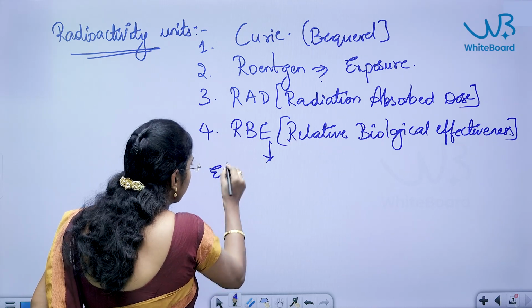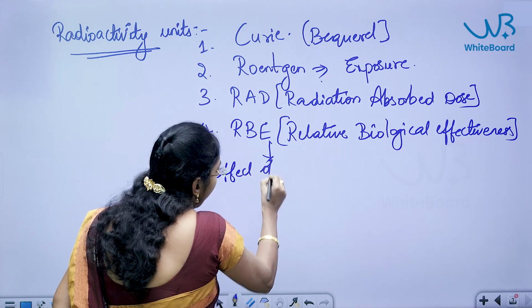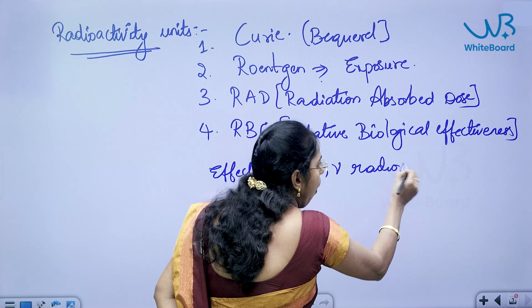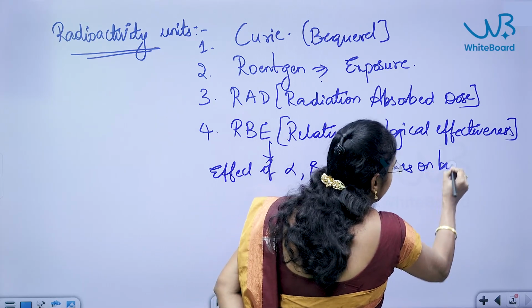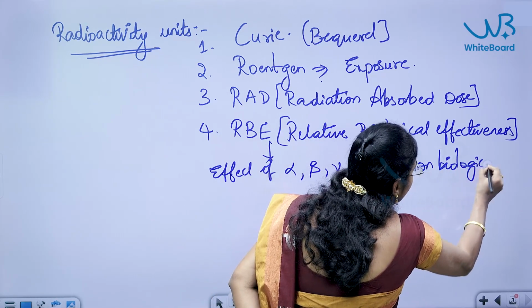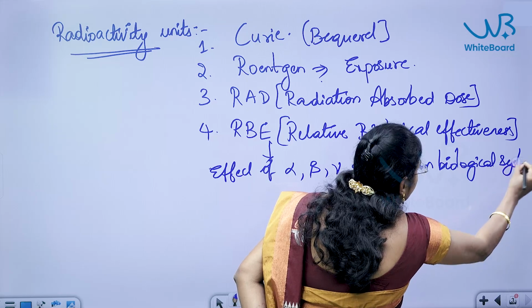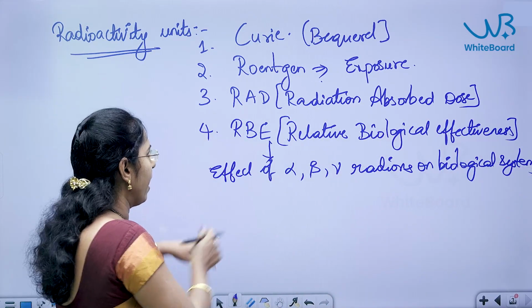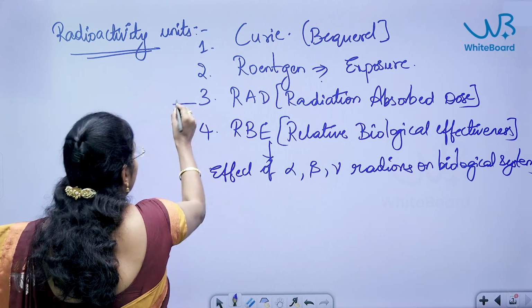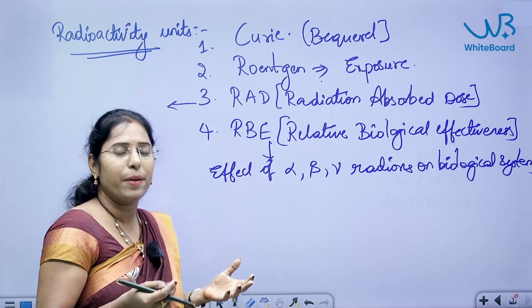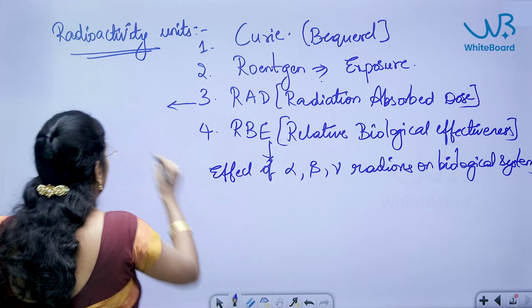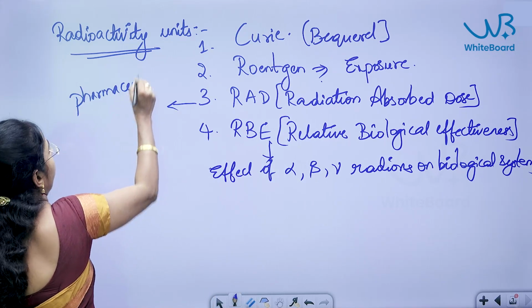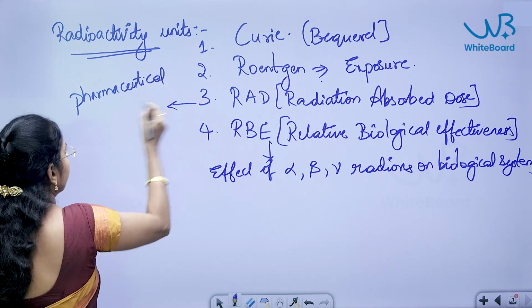And these rad units are mostly used for describing the dose of pharmaceutical dosage forms. So, in pharmaceuticals, for describing the dose of the dosage forms, we use these rad units.